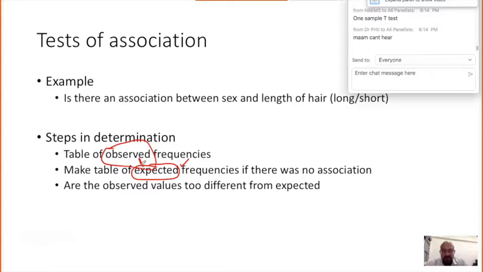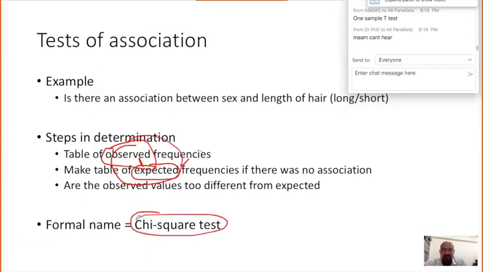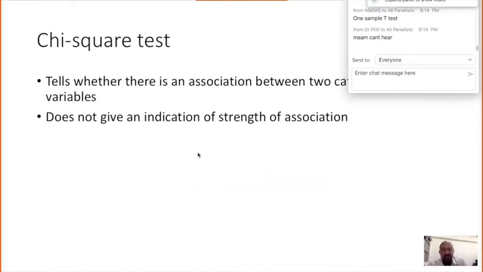And then we try and quantify this by means of a p-value using what we call a chi-square test. When we are trying to see if the observed value is very different from the expected value, we get what we call the chi-square test. When we apply this, it tells us whether there is an association or whether there is no association. But it does not give us any indication of the strength of association.